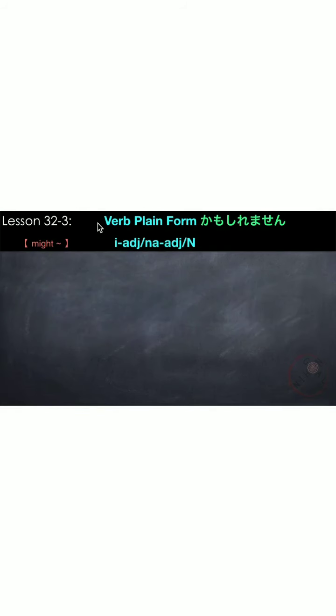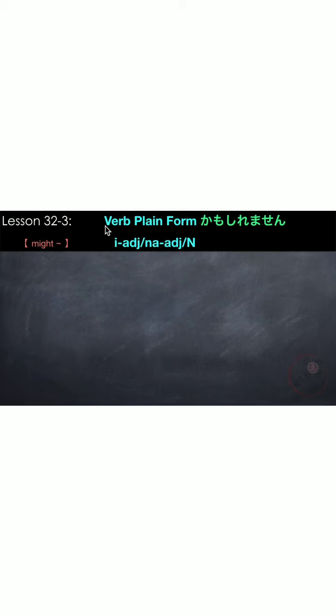This expresses the possibility that an event or a state happened or will happen or is happening. So this is less certain compared to 何々でしょう. So it's much lower or less certain.